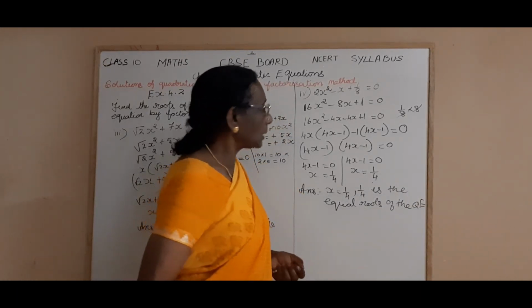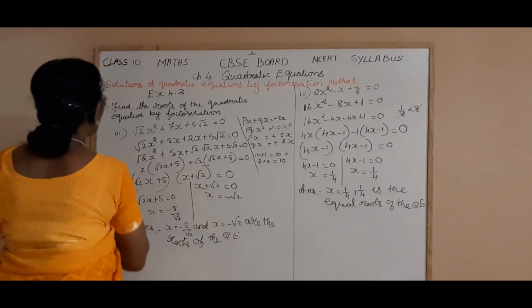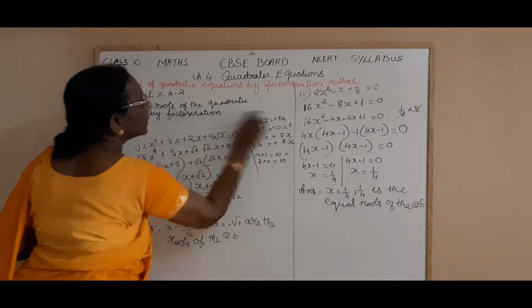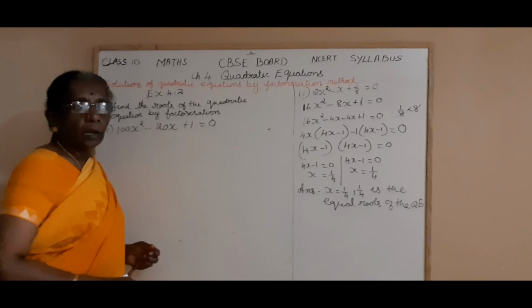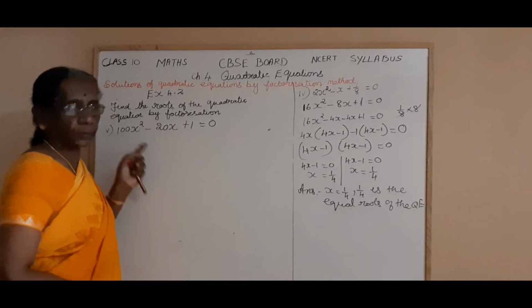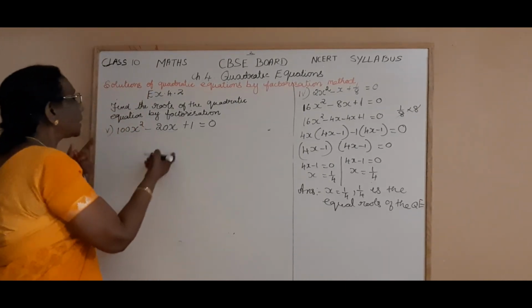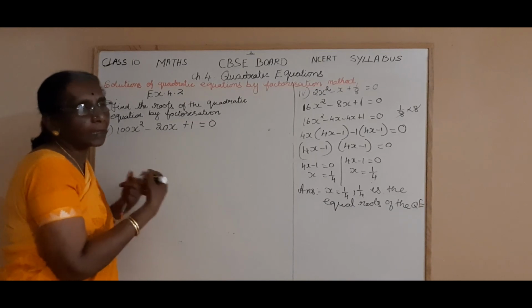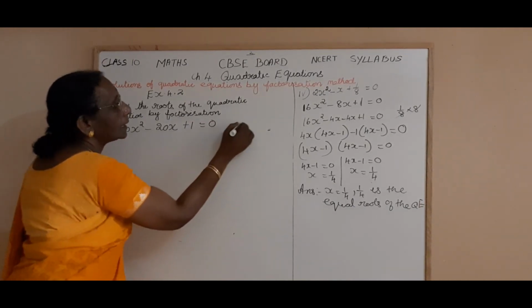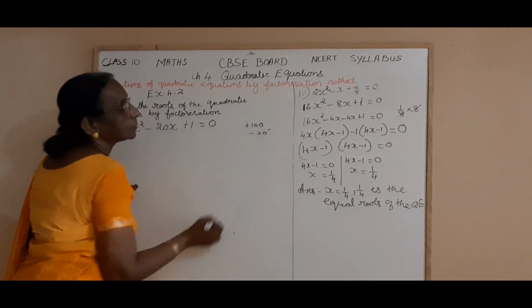Is it clear, children? Only one more sum is left, that is sum number 5: 100x squared minus 20x plus 1 equals 0. So here also you can split this term very easily because the product is plus 100 and the sum is minus 20.